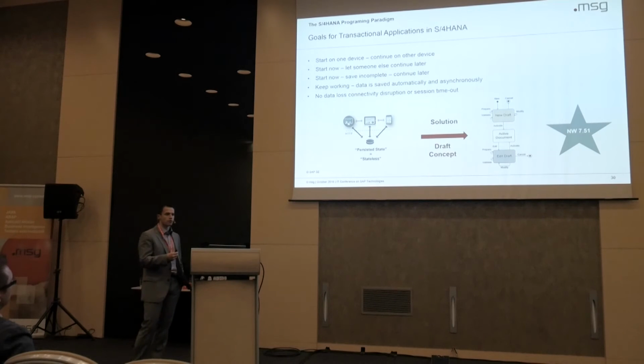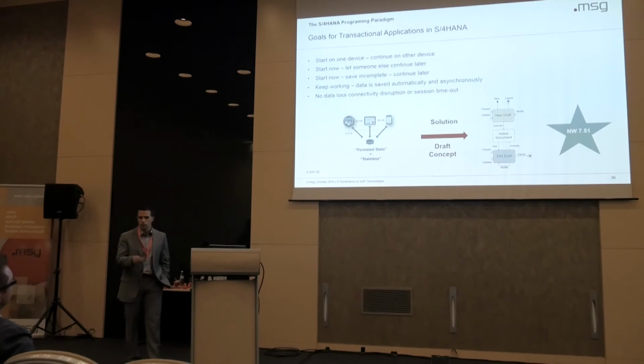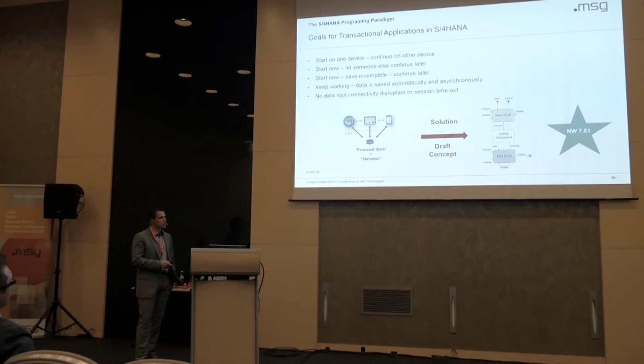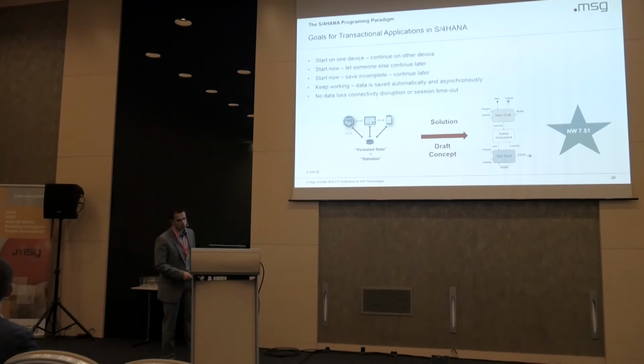So with 7.51, the infrastructure for implementing a draft within S4 and also within other solutions is available. NetWeaver 7.51 is available since this Monday, and there are also a lot of other nice features in there.